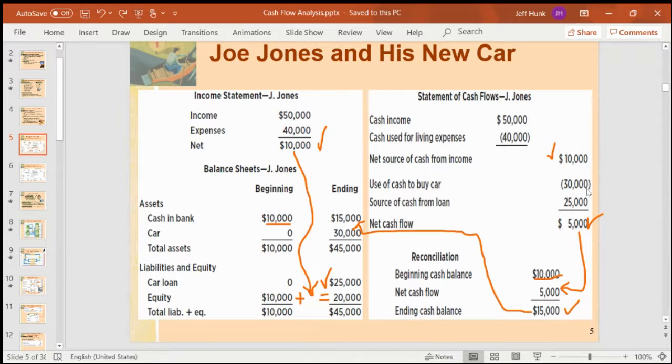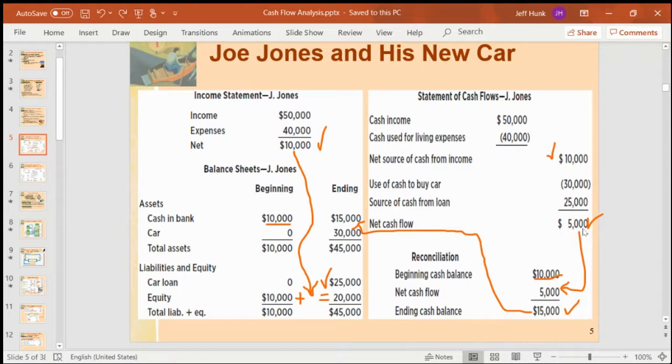And he bought a car for 30K, a $30,000 car. So obviously he couldn't cover it with this, so he got a loan, a $25,000 loan. So then all the cash he had was 45K, and 30K he paid, so net cash flow is 5,000.